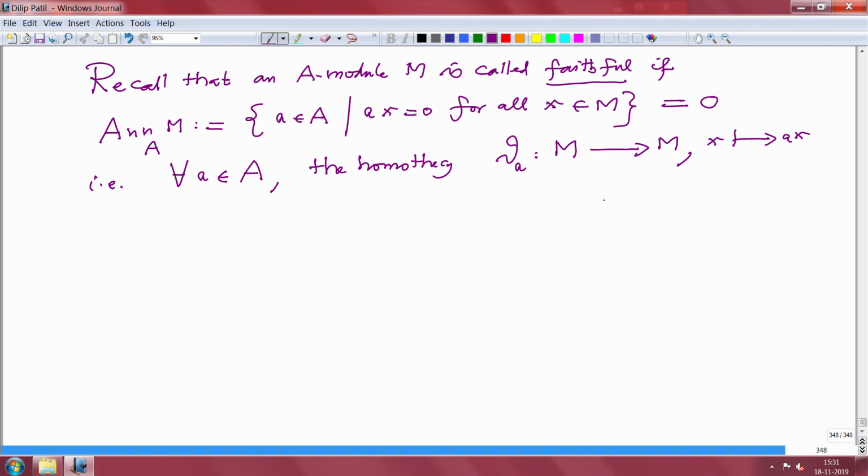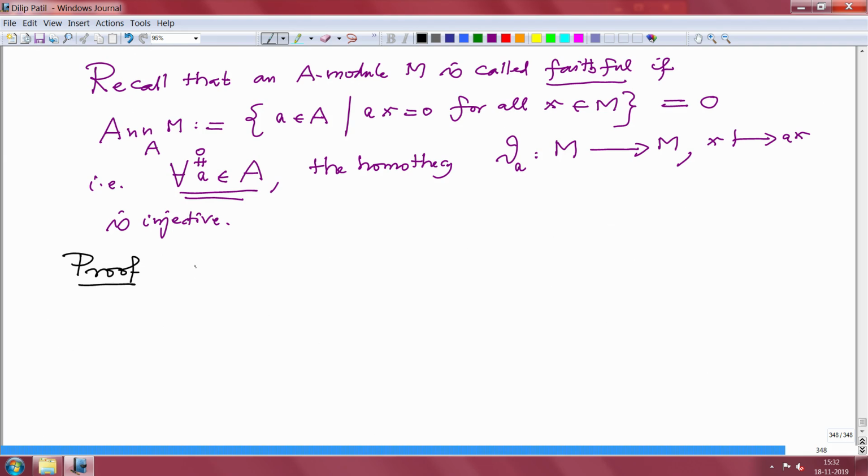This map is injective, and this happens for every a not equal to 0. That means there is nobody here other than 0. I should have written a not equal to 0. Then such a module is called faithful. Alright, now we come back to the proof. I will write down the easy part, and then the difficult part we will do after the break.